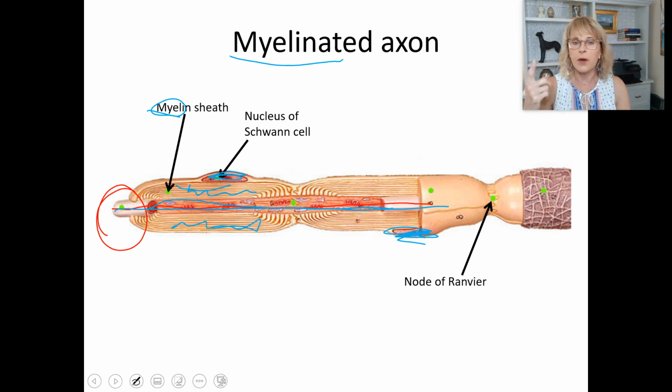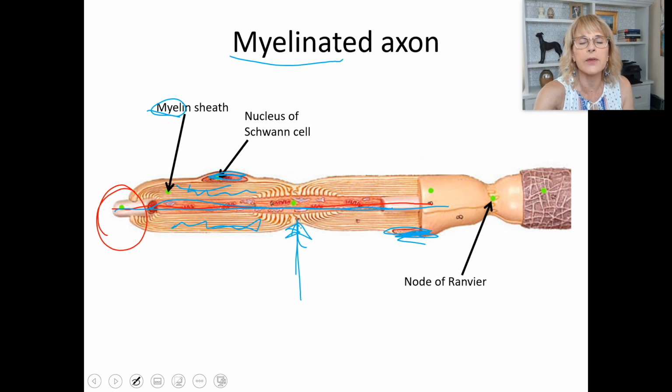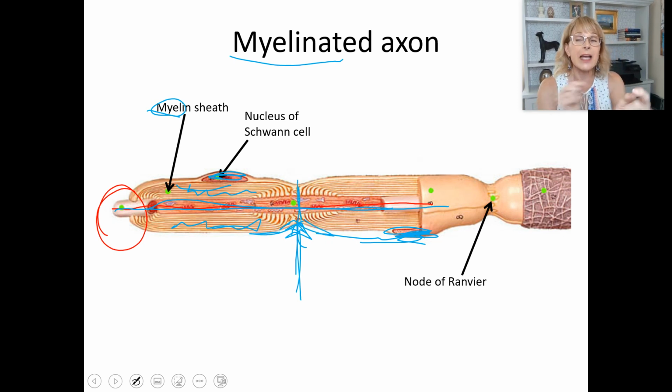All right. Oh, one more thing. The place where the Schwann cells are kind of, it gets drawn different ways by different artists. Let's try not to get too stuck on that. But it'll either be shown as naked axon, that's probably not right, or it'll be shown this way as an area where even though this Schwann cell is touching this Schwann cell right here, technically there's no myelin in that area.